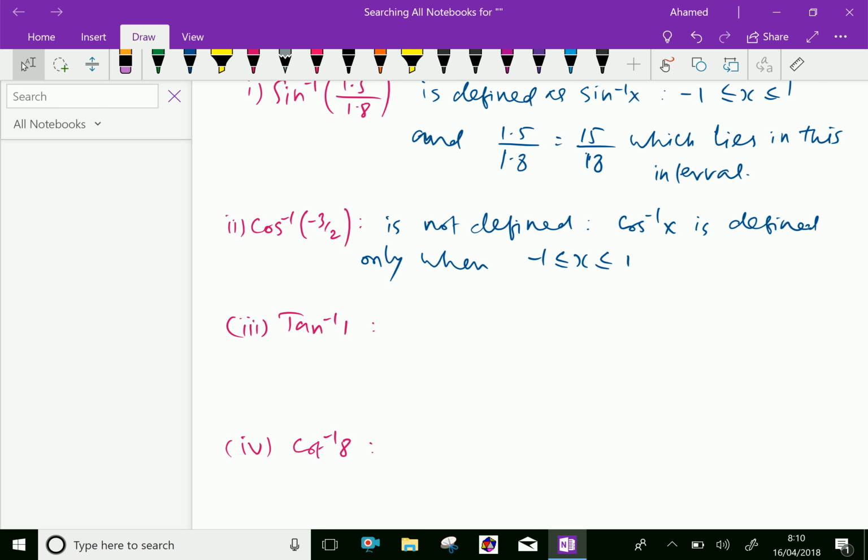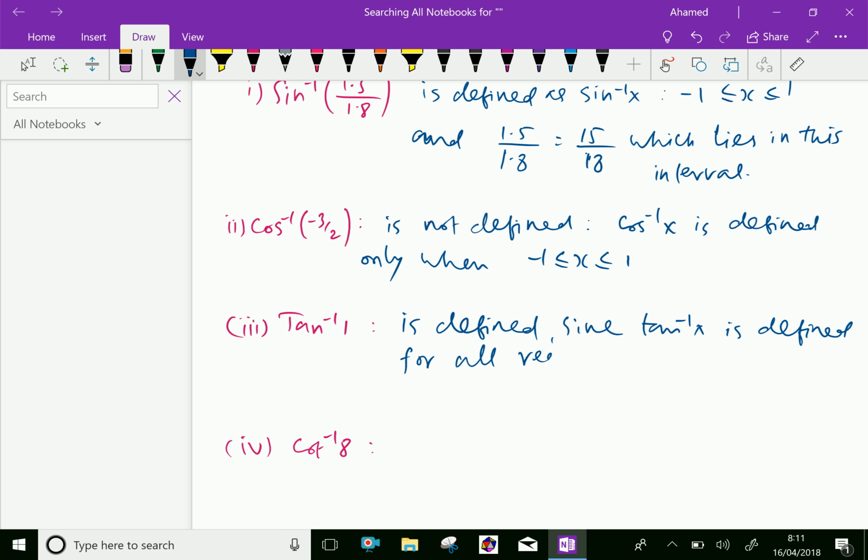Next, tan inverse 1 is defined, since tan inverse x is defined for all real numbers.